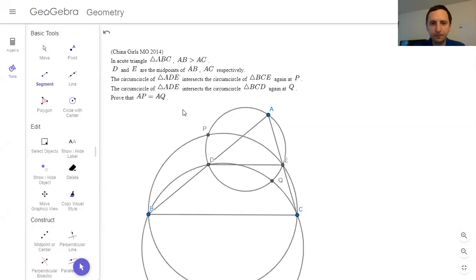So maybe spiral similarities might be a good way to go. We want to show AP is equal to AQ. We could try congruent triangles. We could try spiral similarities. What's the best way to go here?